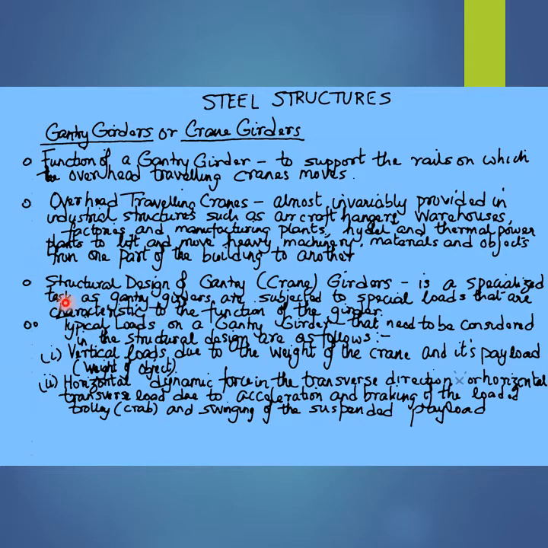And the typical loads that generally act on a gantry girder or a crane girder and have to be considered in the structural design of the steel or gantry girder based on the characteristic function of the gantry girder are: 1.